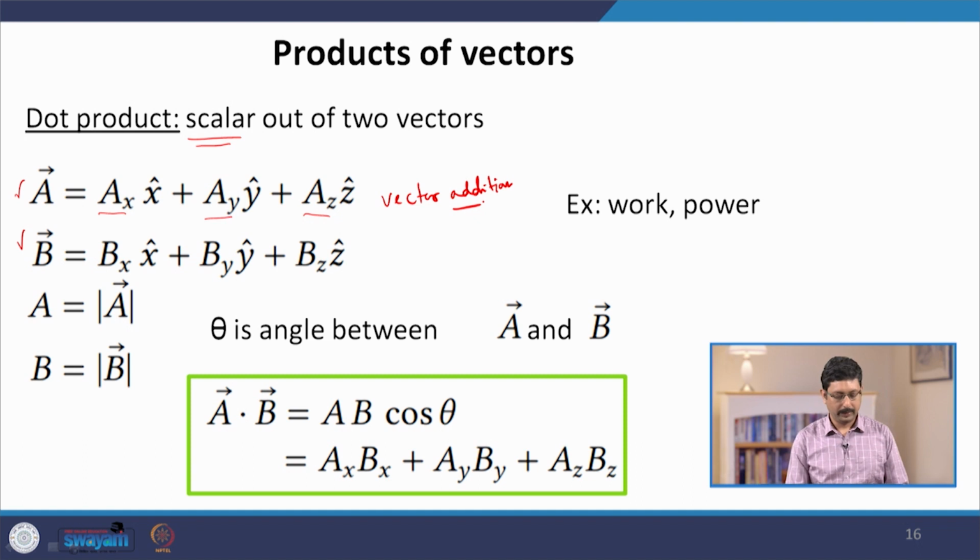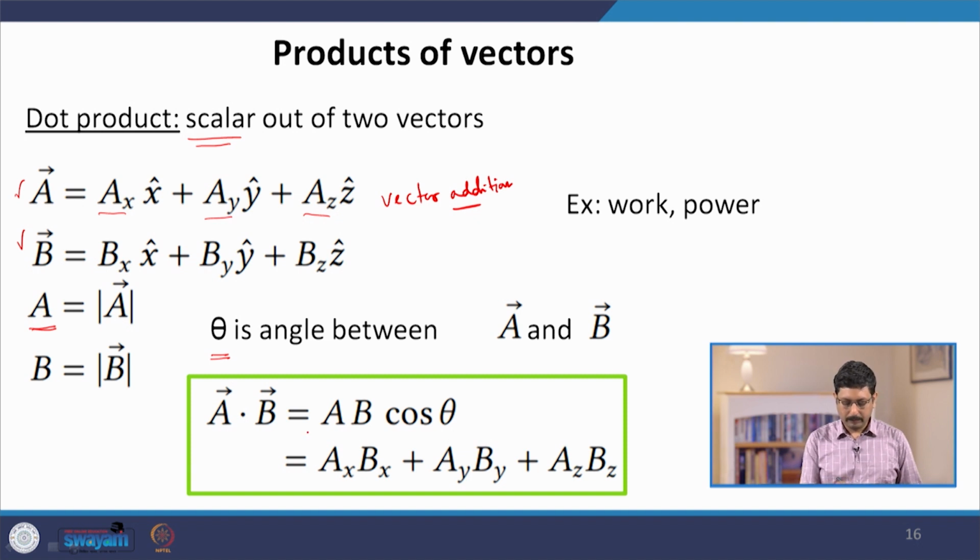And similarly for B. Now, the symbol A without the arrow represents the magnitude of A, and similarly for the symbol B. So, with an arrow it represents the vector, without an arrow it represents the magnitude.